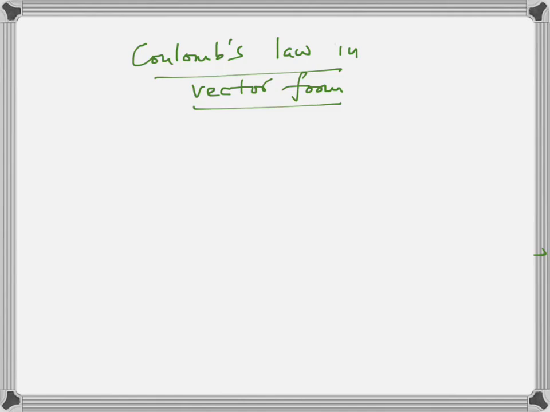Suppose I have 2 point charges, one is q1, the other is q2, and the distance between them is d. I will define 2 vectors. One vector is r12. I beg your pardon, this must be written as r21.